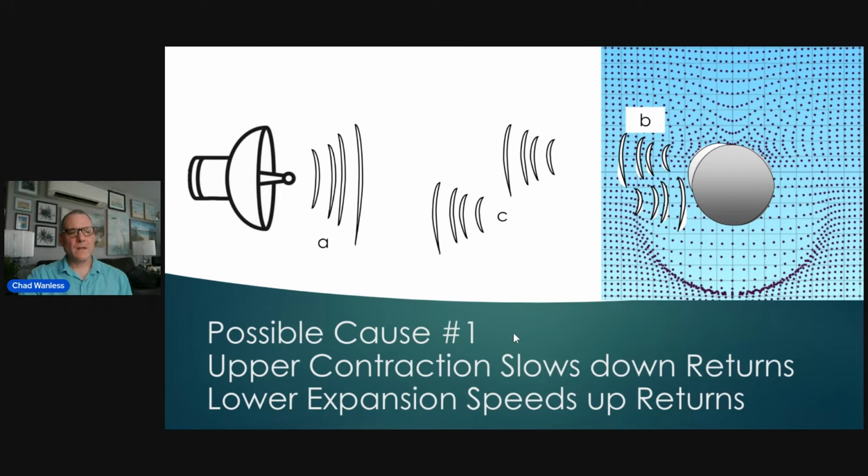Now, possibility number one with the Tic Tac is A, the radar gets sent out. B, the radar ping arrives at the UAP, but because of the spatial compression above and below, the space is different. So the upper section is a shorter path than the lower section of the spatial compression and expansion, so it returns earlier.